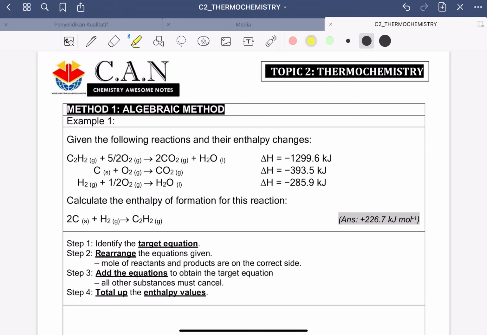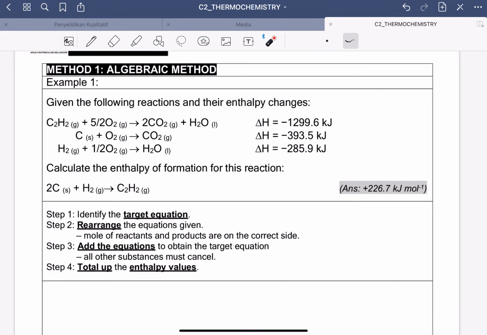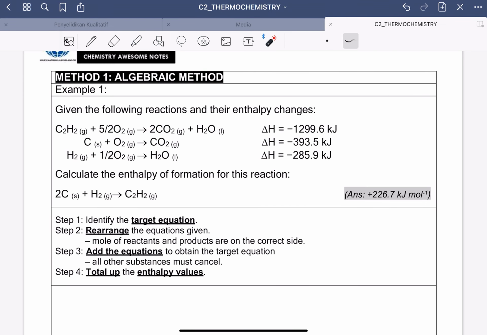Now let's take a look at the first example. Given the following reactions and the enthalpy, we have three of these: thermochemical equations 1, 2, and 3. Remember, when you have an equation together with its enthalpy, this is known as a thermochemical equation. Now, the question is, calculate the enthalpy of formation for this reaction.